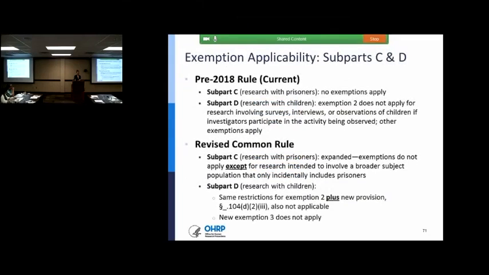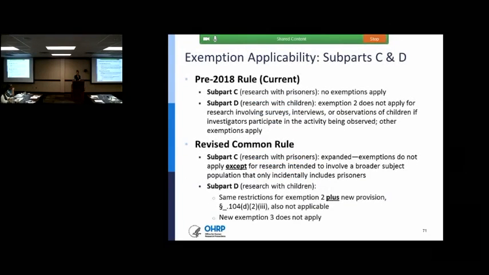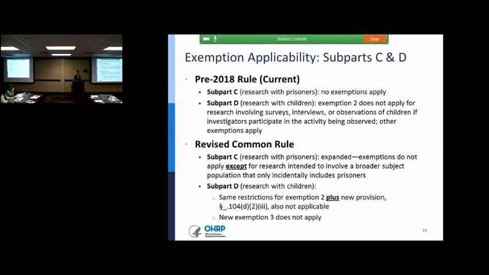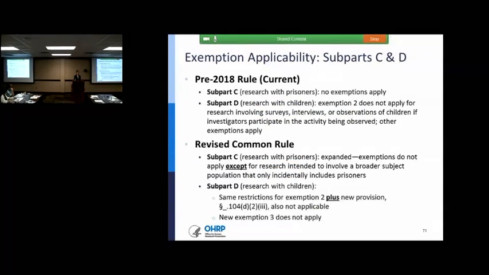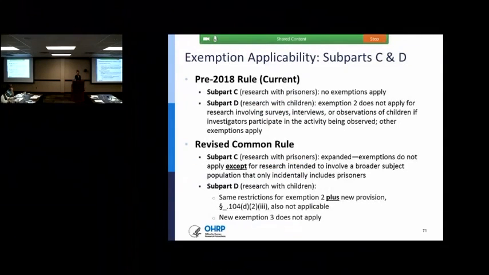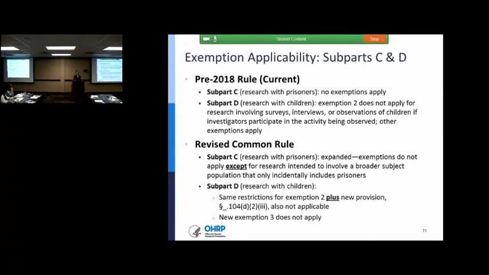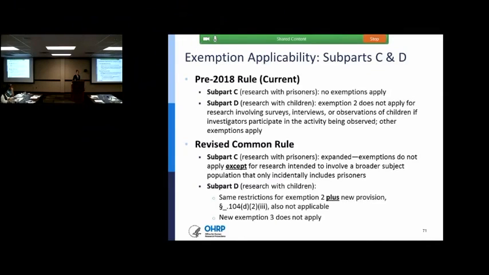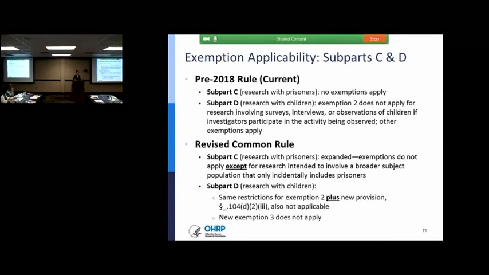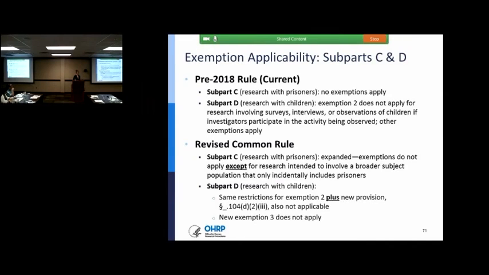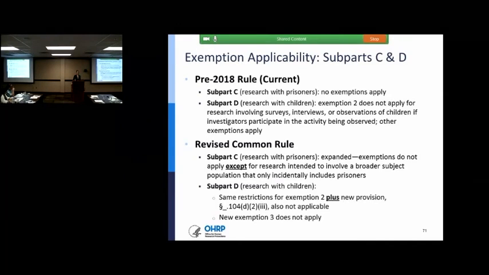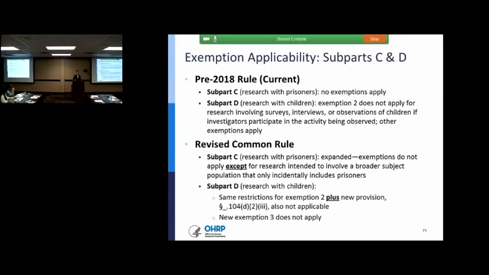Also, regarding the applicability of these exemptions to subpart C and D, there have been some changes. In the pre-2018 rule, subpart C, which was research with prisoners, no exemptions could apply across the board. Whereas in the revised common rule, it's been expanded a bit.